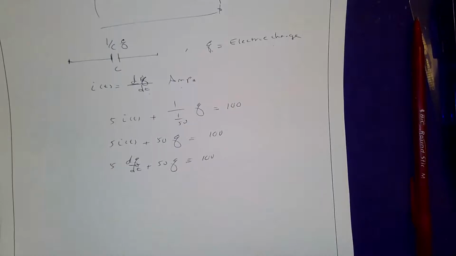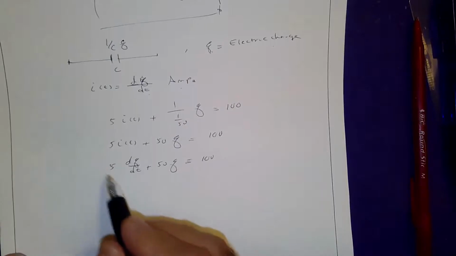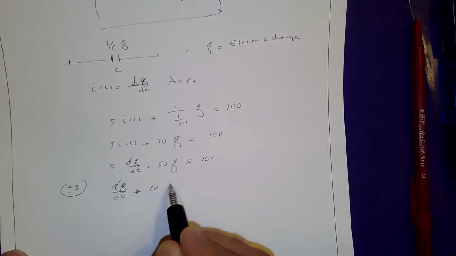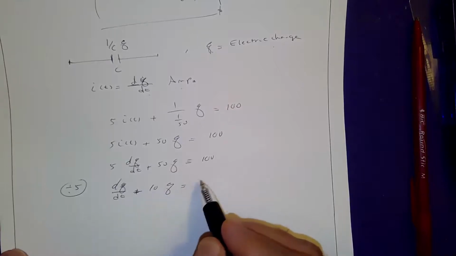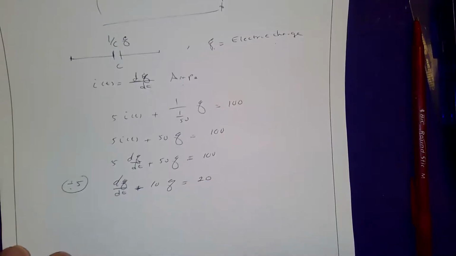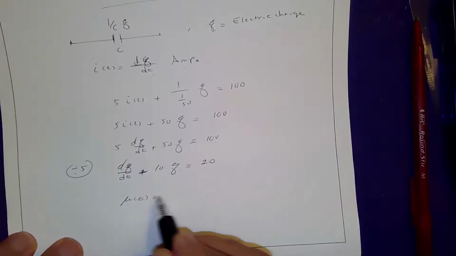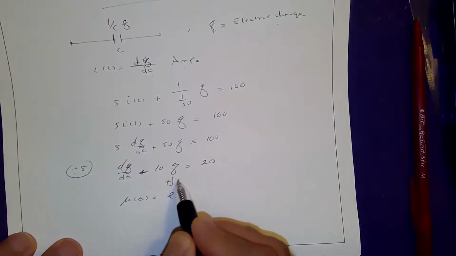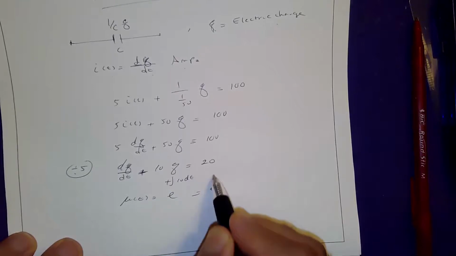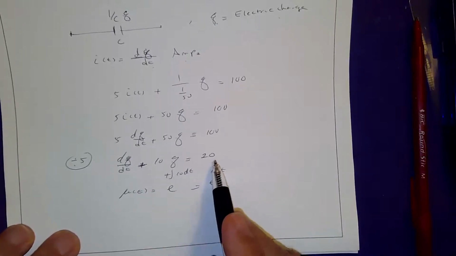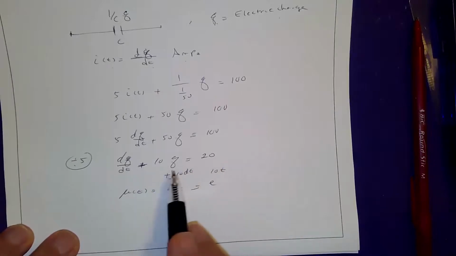So divide both sides by 5 to put the equation in standard form: dQ/dt plus 10Q is equal to 20. Now you can find the integrating factor, which is e to the power of the integral of 10 dt, which is e to the 10t. Because this is constant, you can also pretend this is separable.